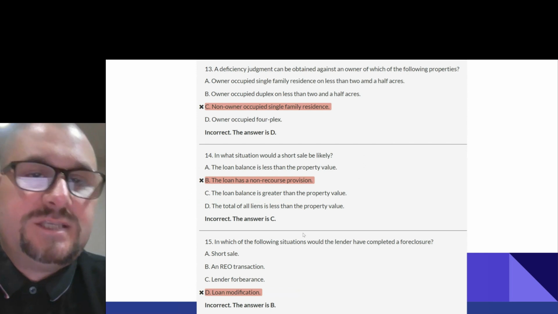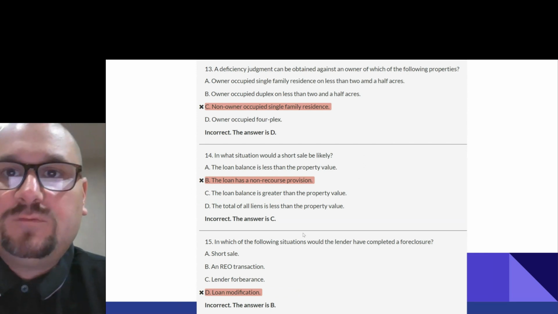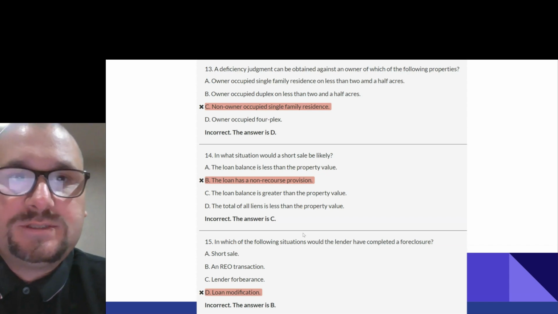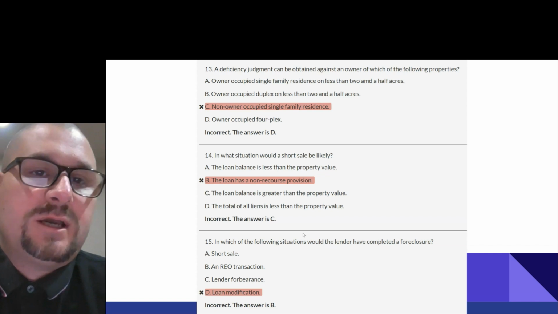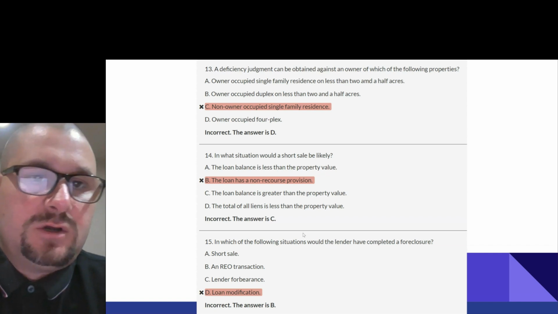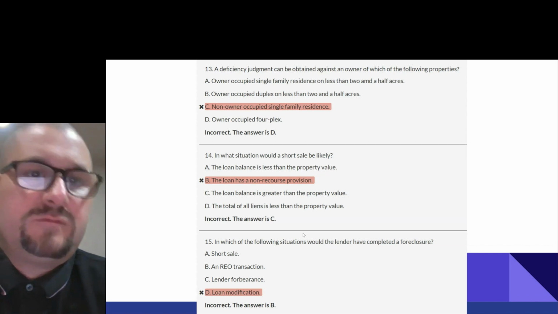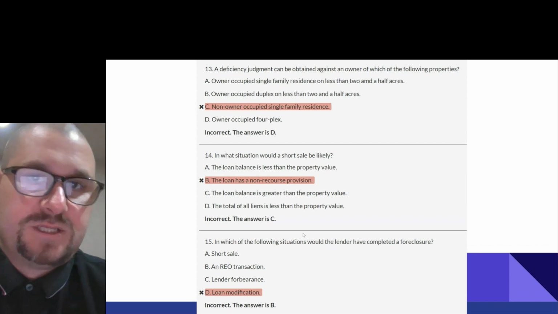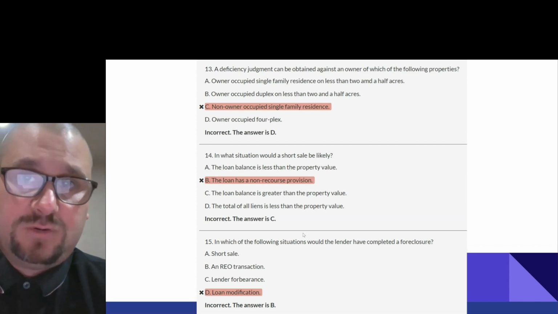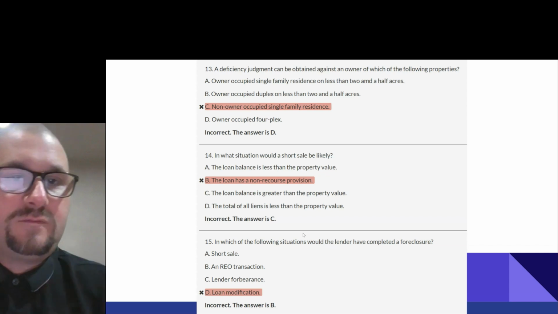13, a deficiency judgment can be obtained against an owner of which of the following properties? Delta, owner occupied fourplex. So in an owner occupied fourplex, a deficiency judgment can be obtained.